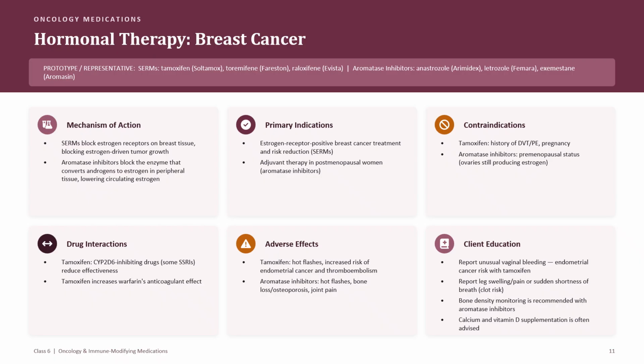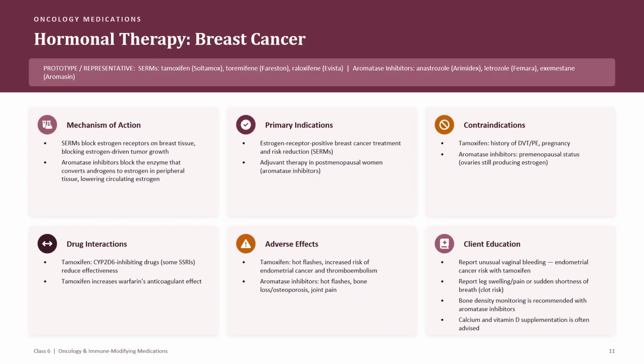So let's think about where estrogen comes from before versus after menopause. Before menopause, the ovaries are the main estrogen source, and no drug can shut that down. After menopause, the ovaries have mostly stopped.